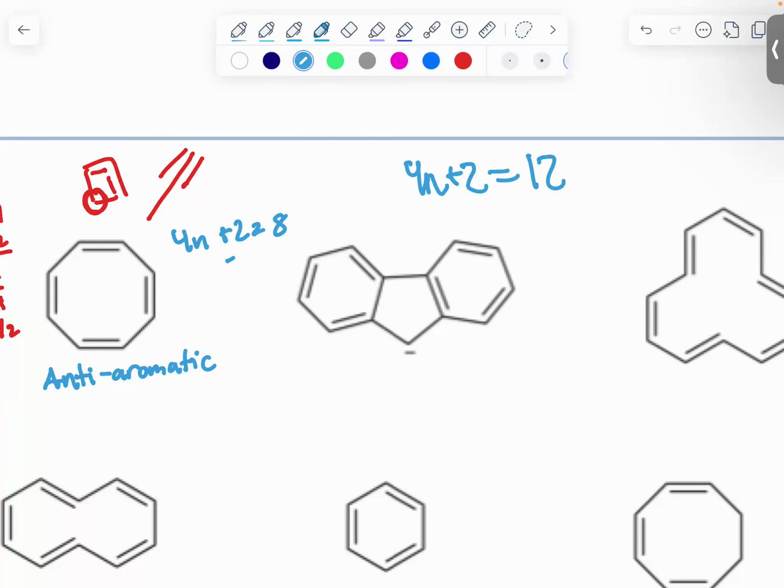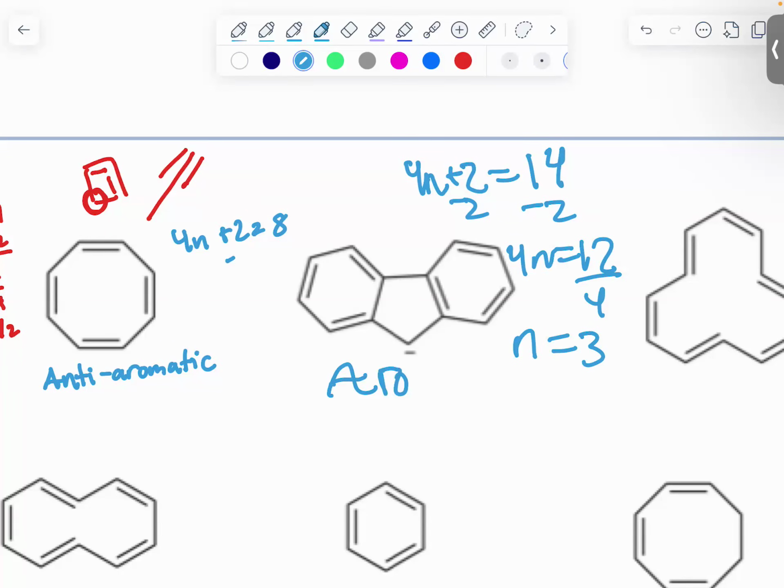Counting all the pi bonds, but don't forget, lone pairs are also pi electrons. Everyone agree, thumbs up, down, middle?